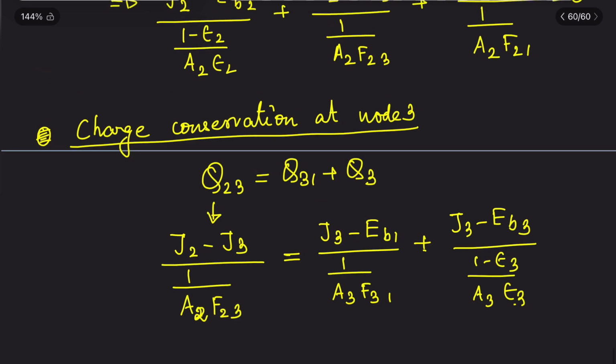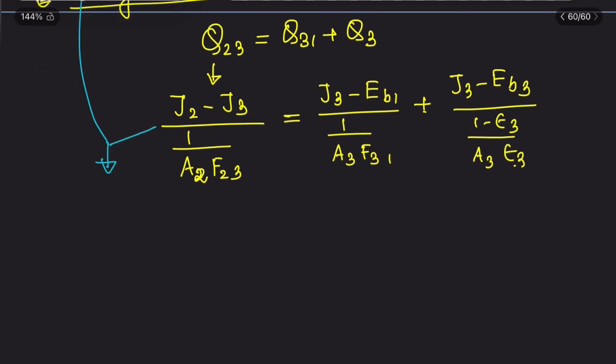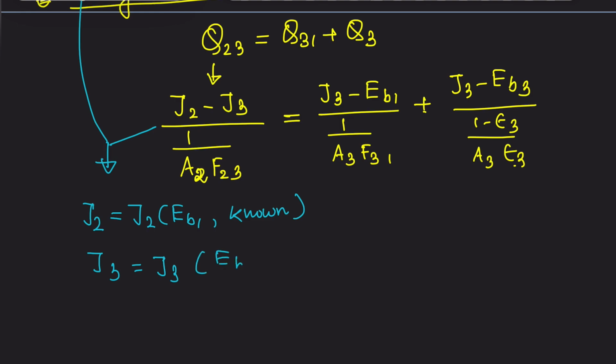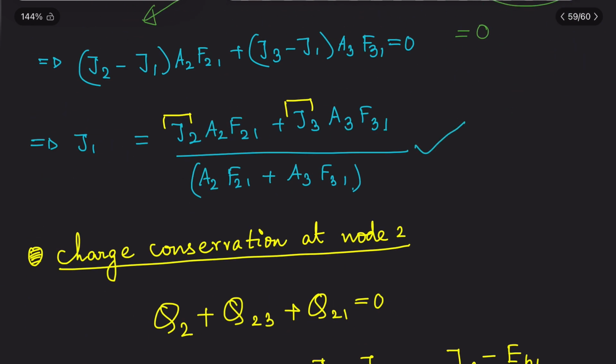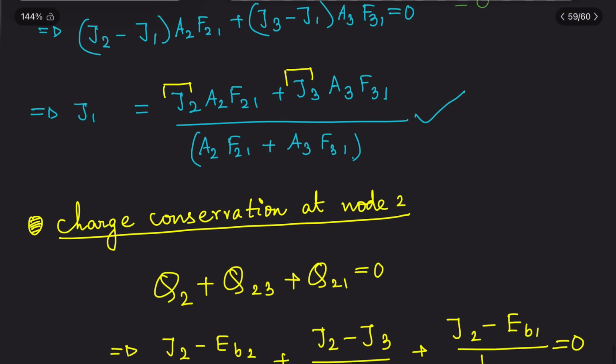So from these two equations, I can find J2 as a function of EB1 and some known quantities, and J3 as a function of EB1 and some known quantities. Now if I put these functions in this equation, then I see, this J1 is actually EB1.